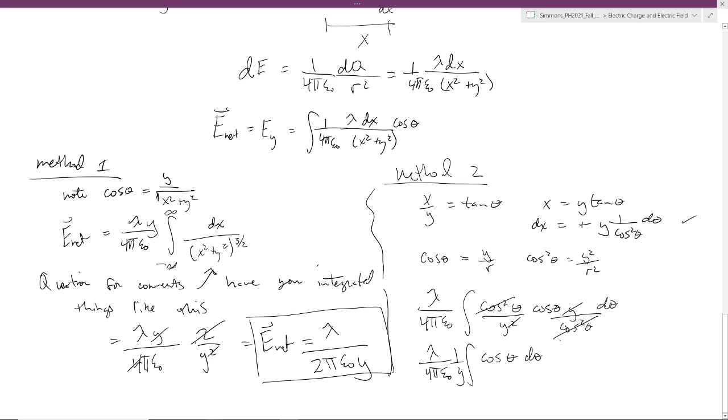What we've done is we've traded a complication with changing what we're integrating over, and it makes the integral way easier to evaluate, right? Because you know how to integrate this. This is just sine. And I should say, if we employ the same limits, so if we're talking about a really long wire, what that corresponds to in angle would be from negative pi over 2 to pi over 2.